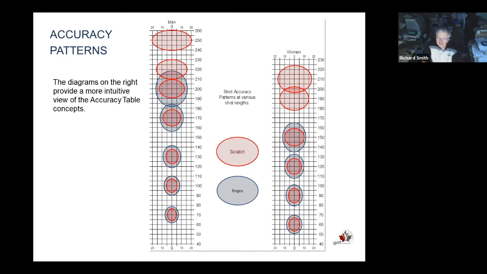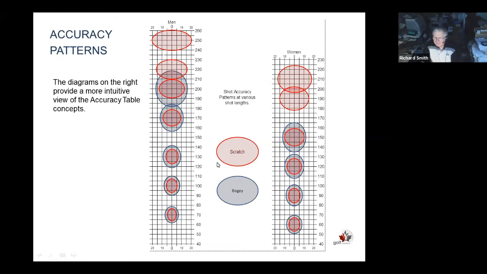So we can see here that for the scratch male golfer, you get an oval which is 20 yards deep and 40 yards wide.